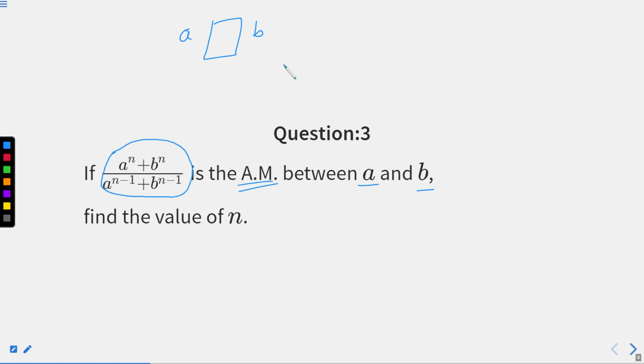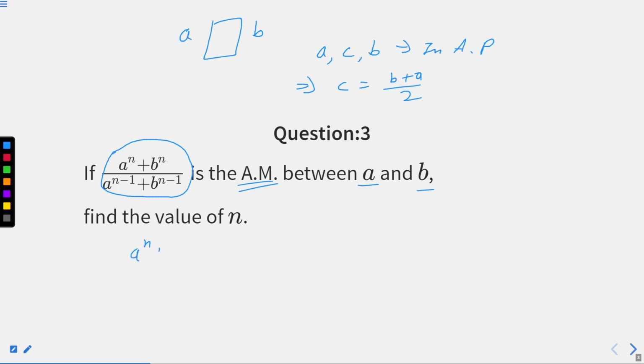And from the theory of arithmetic progression, we know if A, C, B are in AP, then we have C is equal to (A plus B) by 2. Yes? Okay, so let's equate to that.